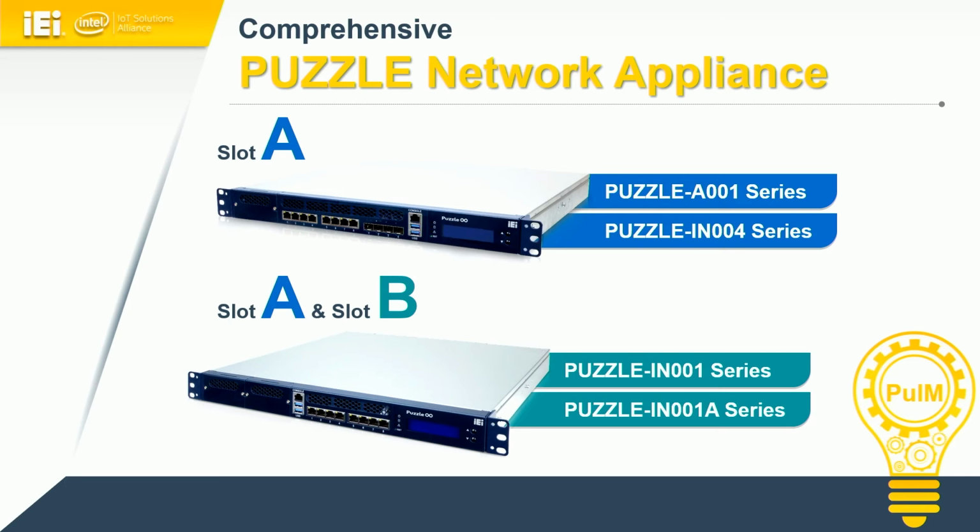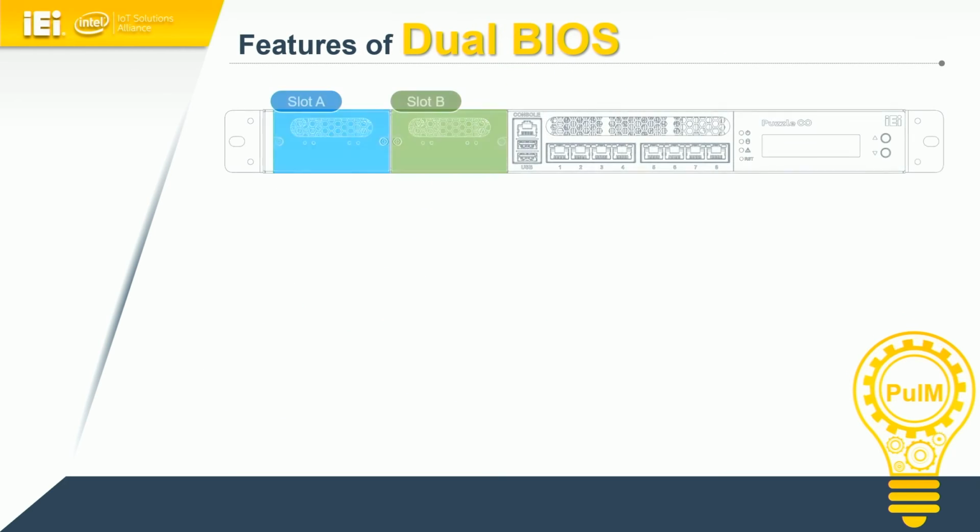Both the two-slot and the one-slot systems support PCIe by 8 and two PCIe by 4. One is slot A, and the other is slot B, which supports 2 PCIe by 4 and 4 PCIe by 2.